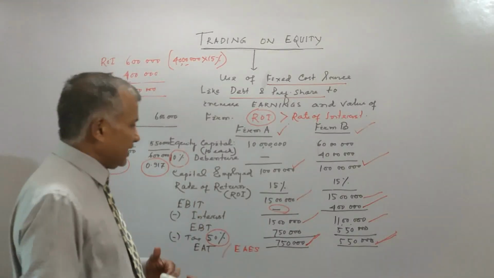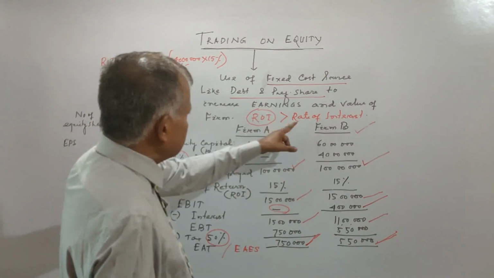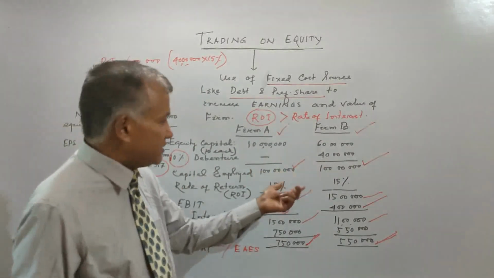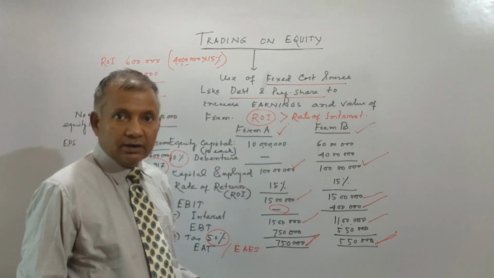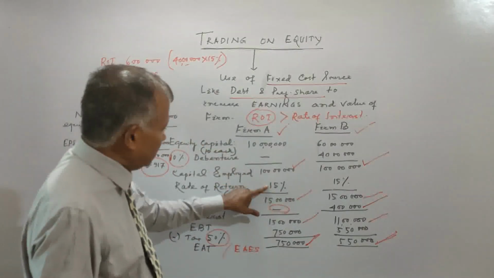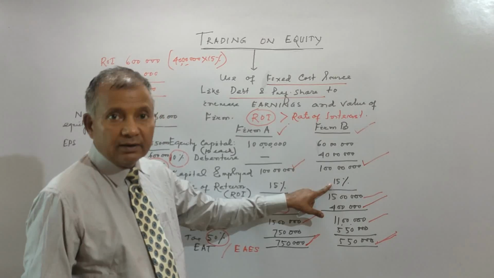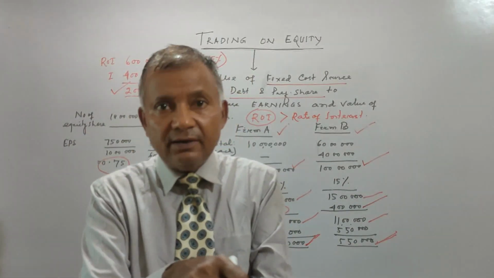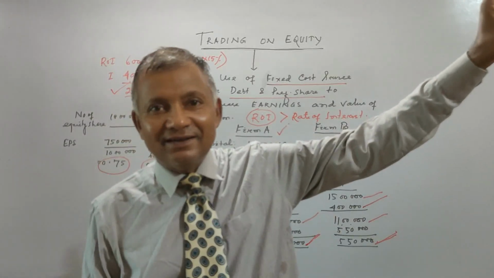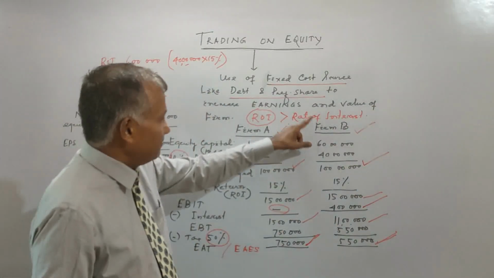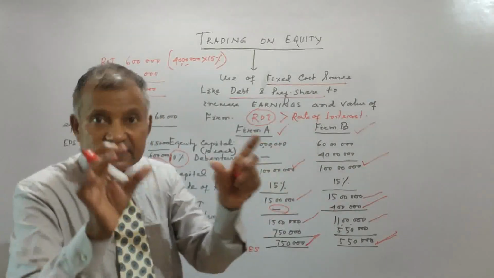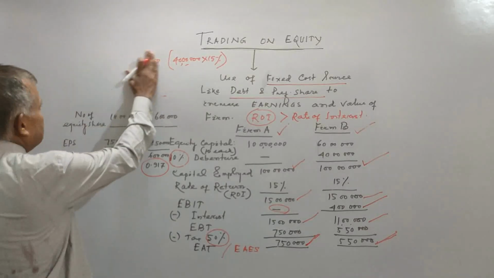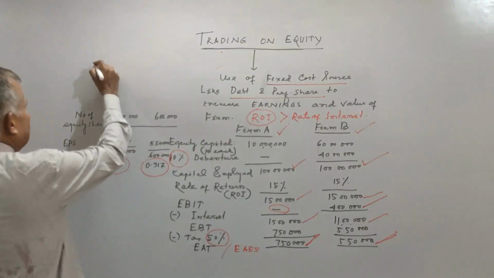Suppose the rate of interest is 10%, but return on investment is say 6%. That means the company is getting 6% and paying 10%. On 40 lakhs, it is getting 6%. So this will change. How much will it come to?